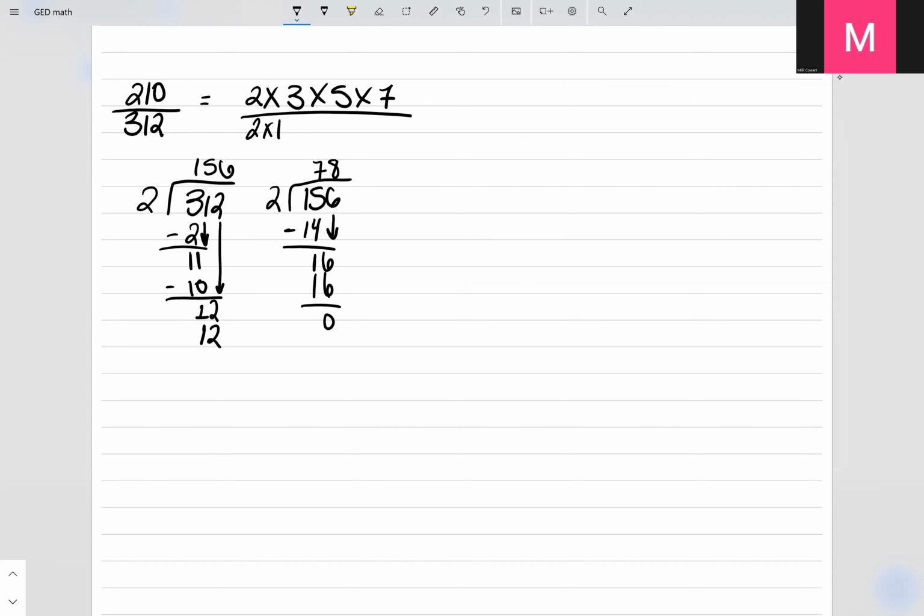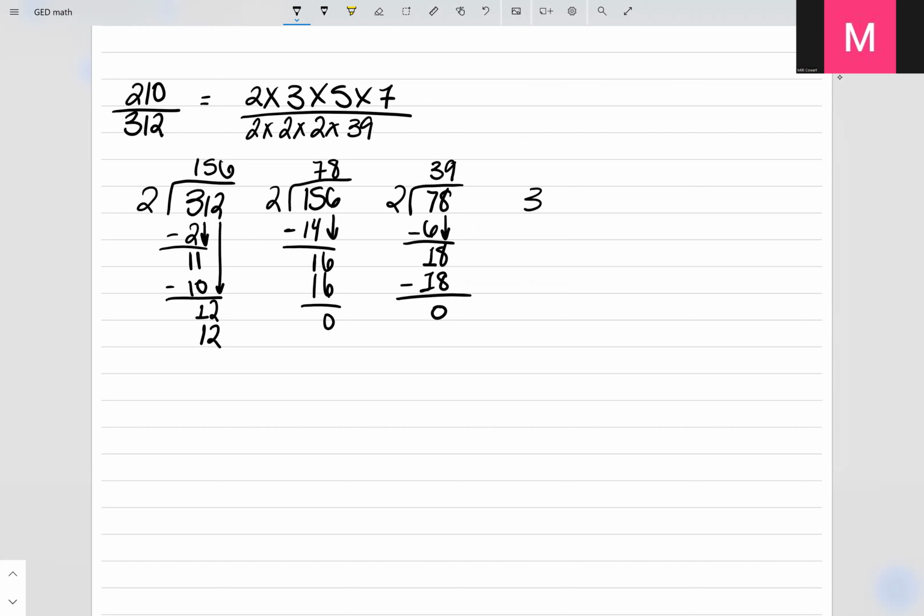So now 156 turns into 2 times 78. 78 is also divisible by 2. 2 times 3 is 6. Subtract, got 1 left over. Bring down the 8. 2 times 9 is 18. Subtract, got 0. So now our 78 turns to 2 times 39.